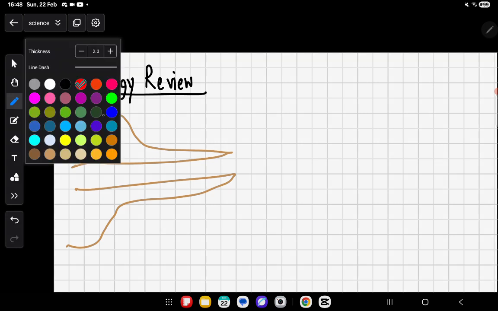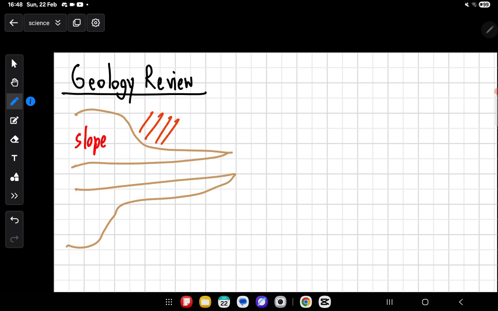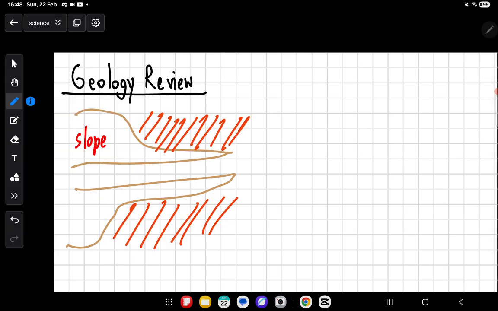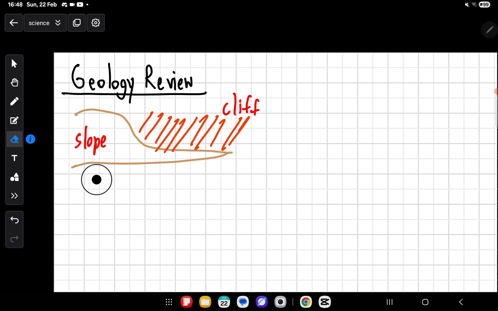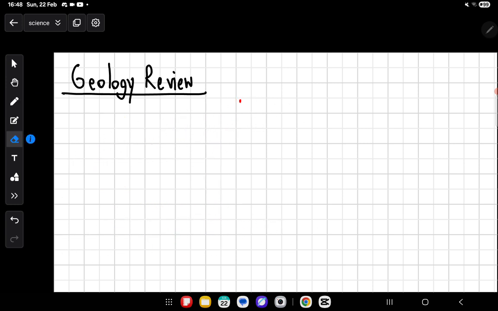Alright. Then here is the cliff, and these are the waves that are causing coastal erosion. So that's it for coastal erosion. Let's go look at landslides.